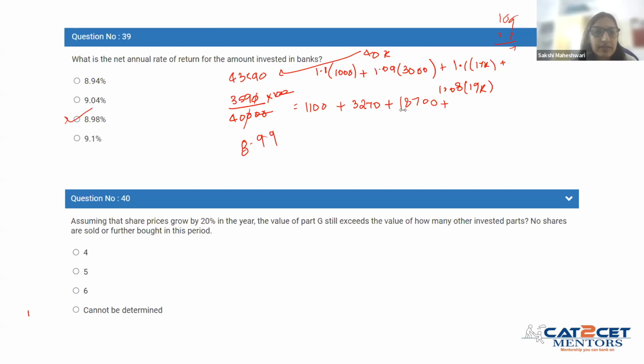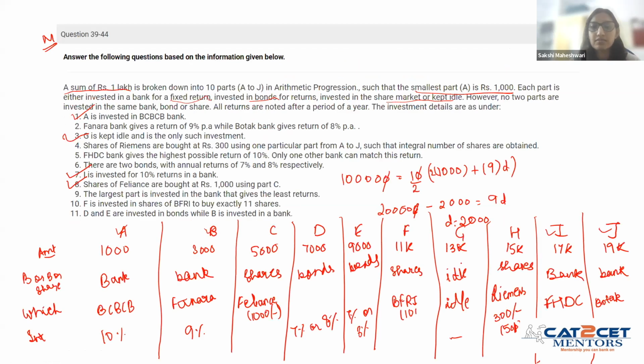Yeah. Okay, let's move. Now assume that share prices grow by 20% in the year. The value of part G still exceeds the value of how many other invested parts. No shares are sold or further bought in this period. Okay. So share prices grow by 20% and G is the one which was kept idle. Now for shares, it is growing by 20%.